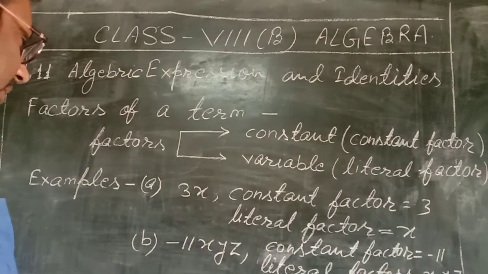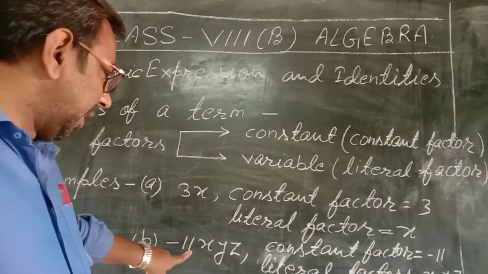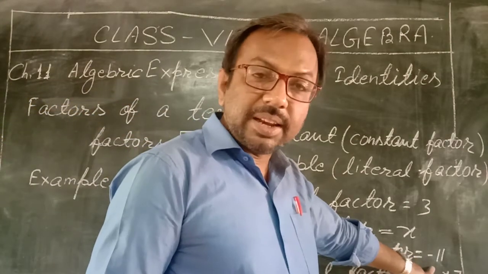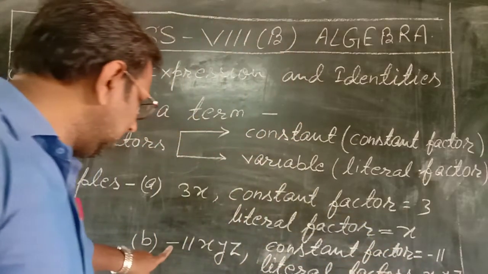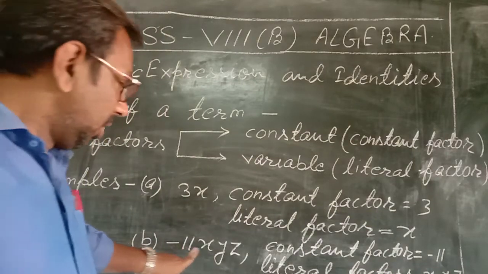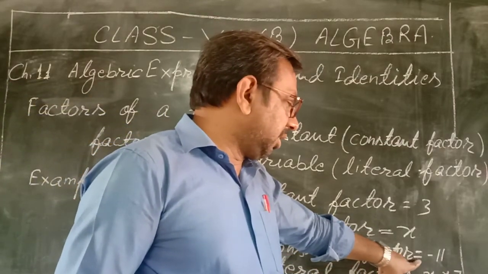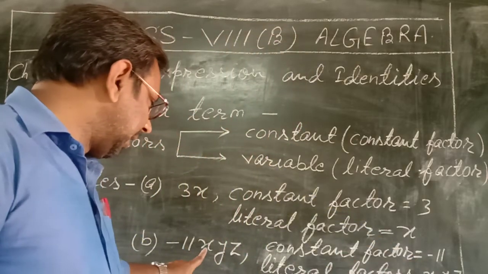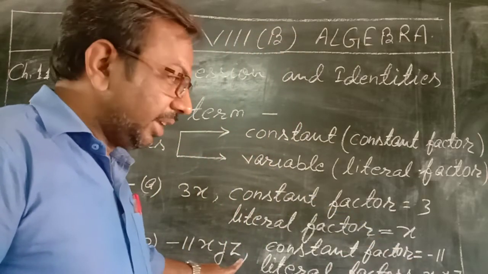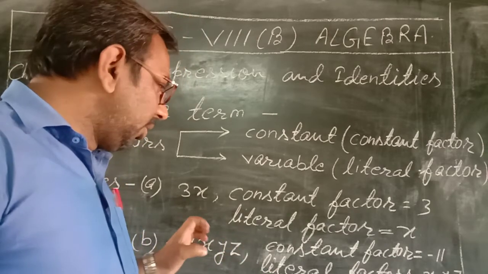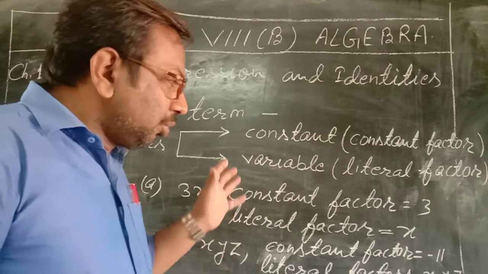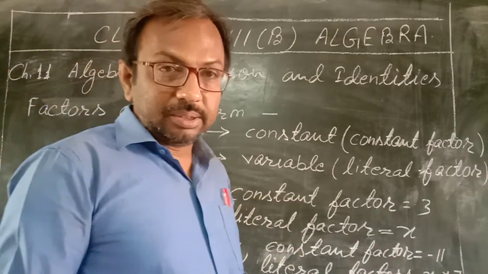Similarly, in example B, minus 11xyz. Here the constant factor is minus 11 because the sign is mentioned clearly, minus. So the constant factor is minus 11, and the literal factors are x, y and z. Mind that when we use a sign, that sign is understood with the constant factor.